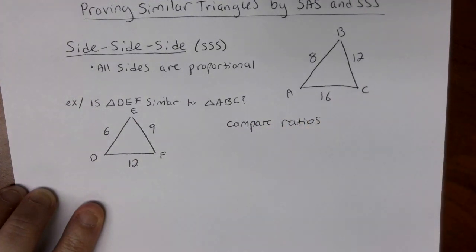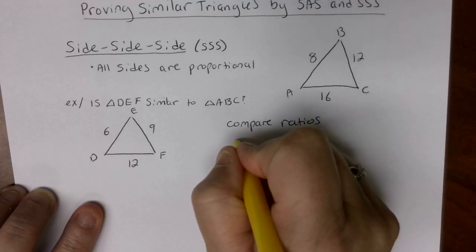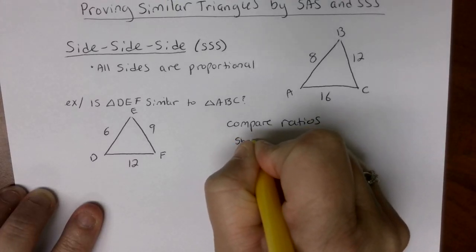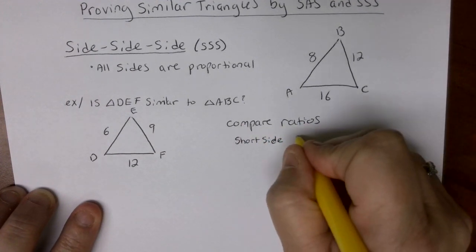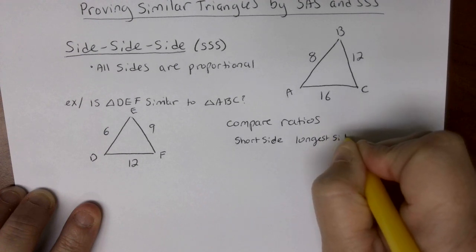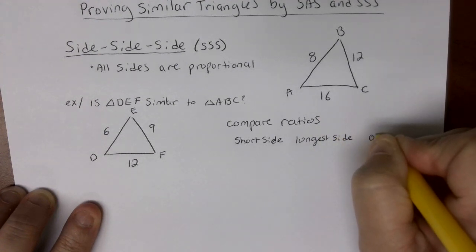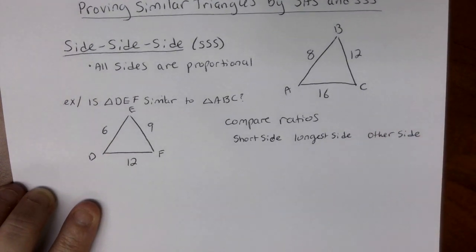Let's say we do the short side and compare those first, and then maybe the longest side, and then the other side. You have to have some way of organizing these.